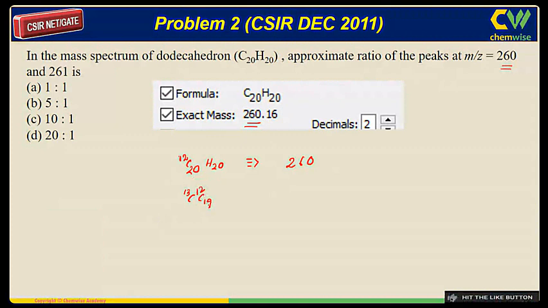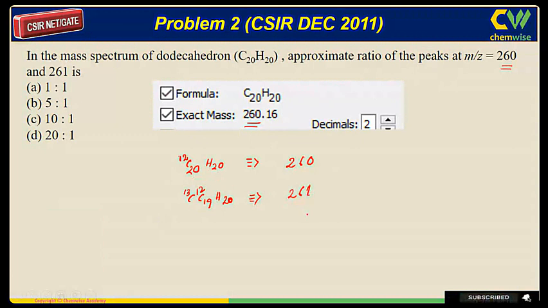Now, total 20 carbon, and here it's H20. Since 1 carbon is 13C, we will have 1 mass more. This is 261. Then we can argue, sir, why not 262?